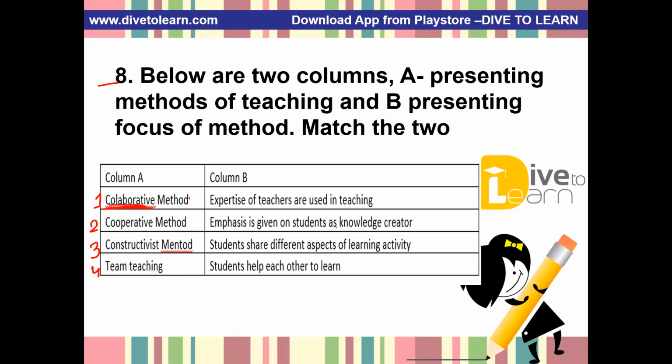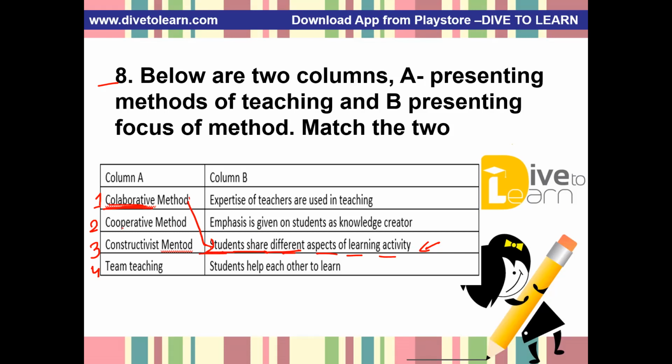Collaboration is each one having a different kind of skill set comes together. So in collaborative methods, students share different aspects of learning activity. When somebody makes a PPT, somebody does the content addition. In project we collaborate.